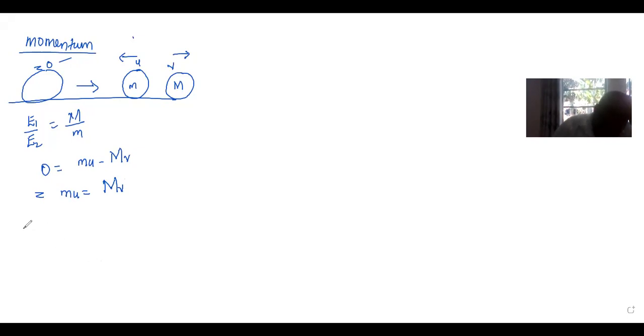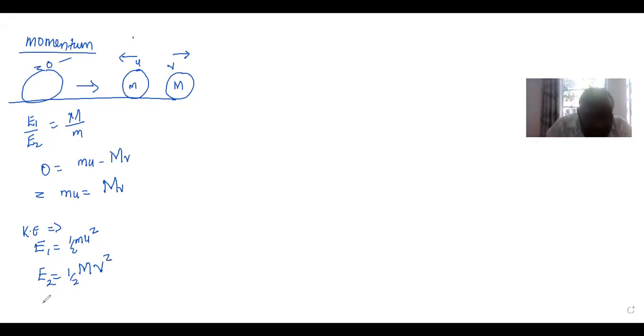Now their kinetic energies: I have E1 for the first one, which is a half m u squared. Then for the second one, it's a half capital M V squared.